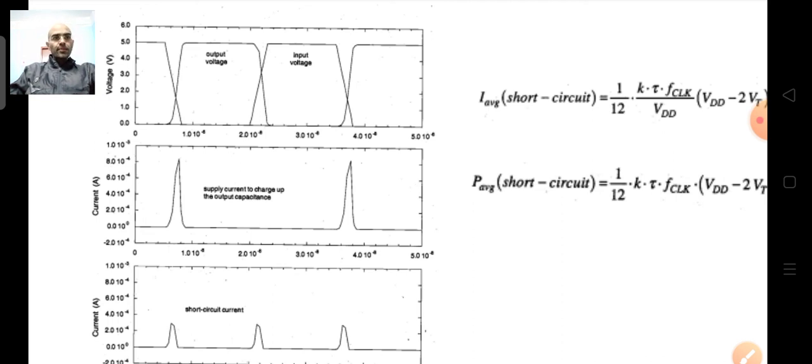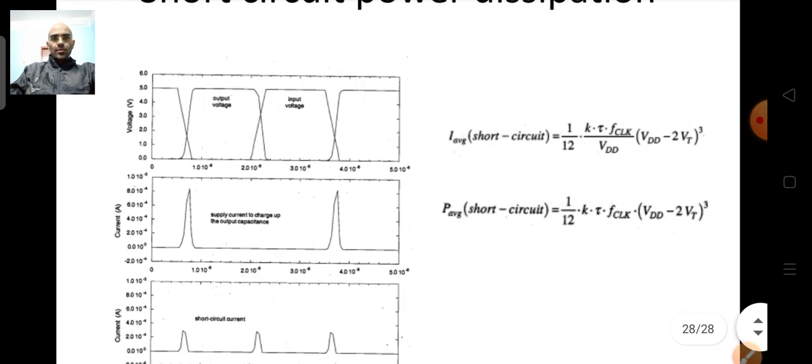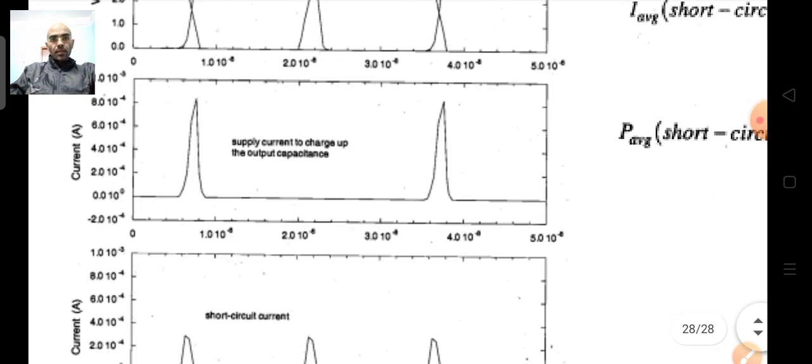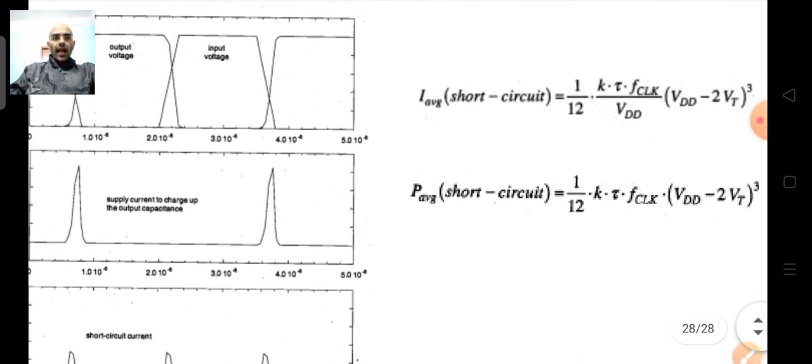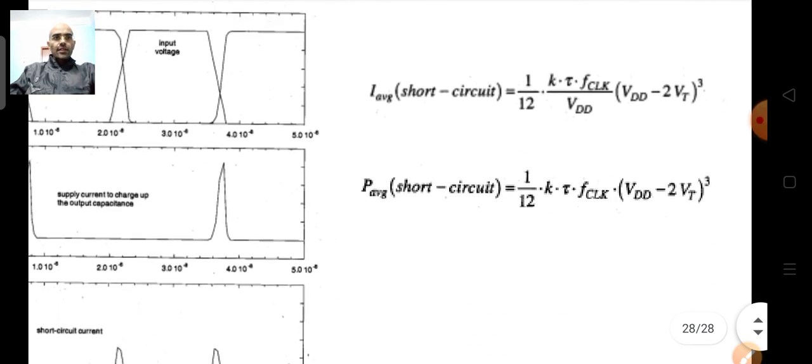If you use this particular equation and look at this waveform, the middle waveform looks something like an equilateral triangle. If you keep all this in mind and solve it, you will get the average current equation for this short circuit current, and then if you substitute that equation in the power equation, you can find the short circuit power dissipation.